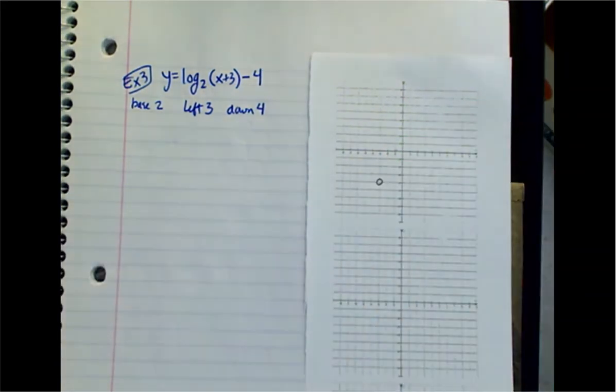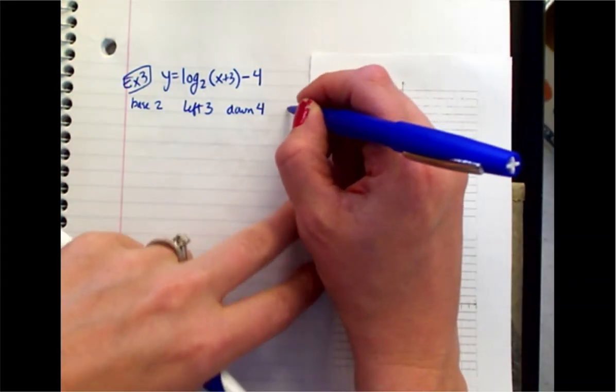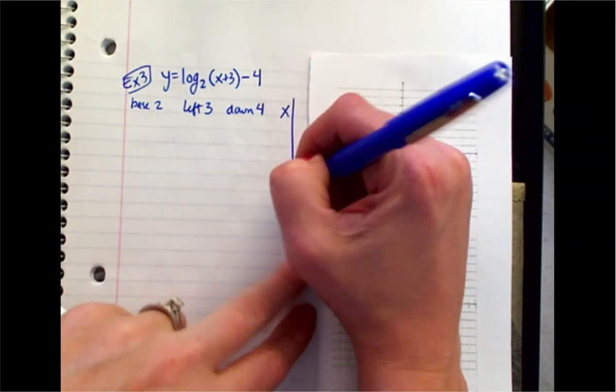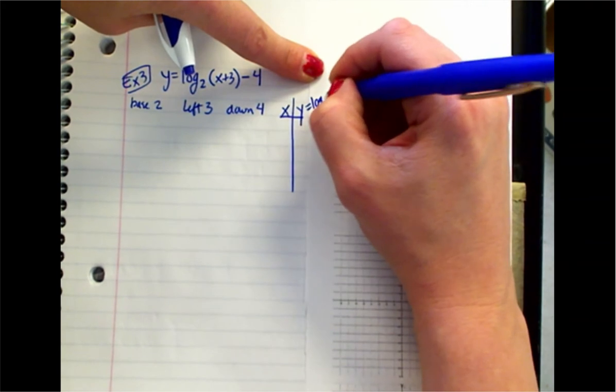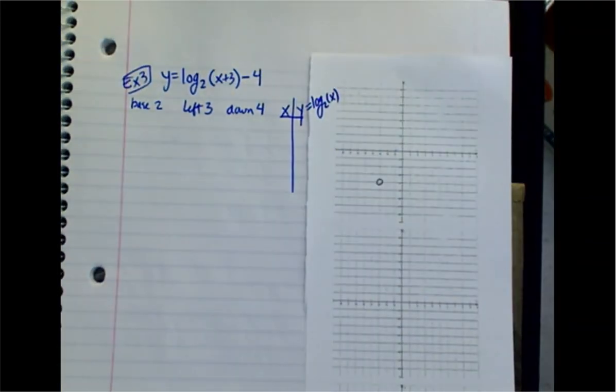Okay, there's my center. Now I need to place my asymptote and my points based off of the center of the graph. And so my table of values is based off of log base 2 of x, right? Take away the transformations. Now do your parent points.